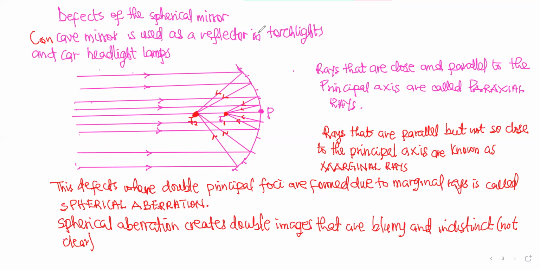So how is spherical aberration of concave mirror eliminated? When you finish, please let me know.